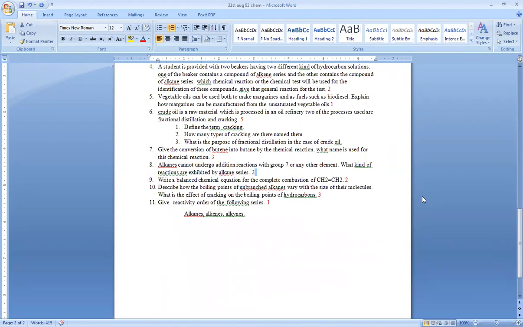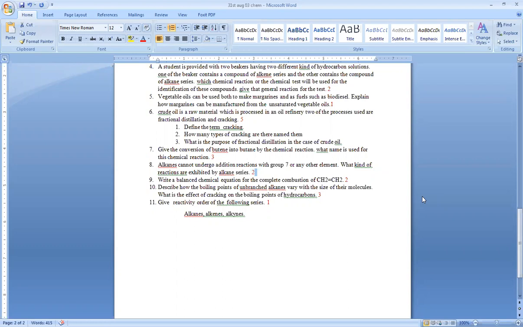Whenever you perform the process of cracking, it is going to produce a mixture of small chain alkanes and alkenes, and at the end you will have an observable decrease in the boiling point, because whenever the chain length is decreased, automatically the boiling point is also decreased. So the end products of cracking will have lower boiling points as compared to the parent compounds.